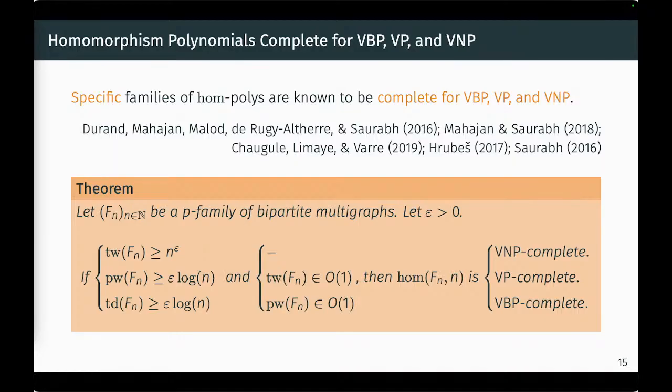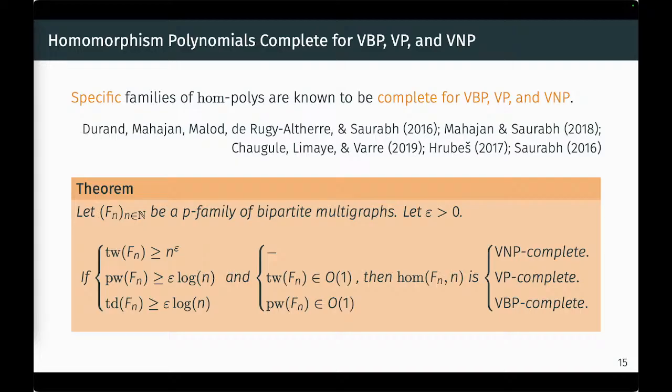So in the VNP case, you don't need to assume anything, because the assumption is in the hardness statement above, and for VP you have to assume that the tree width is constant, and for VBP that the path width is constant. So while this was known for specific patterns beforehand, now this theorem tells you the same things, but following from a general graph theoretic notion for a vast class of patterns.